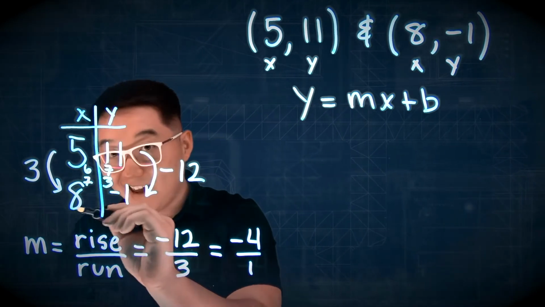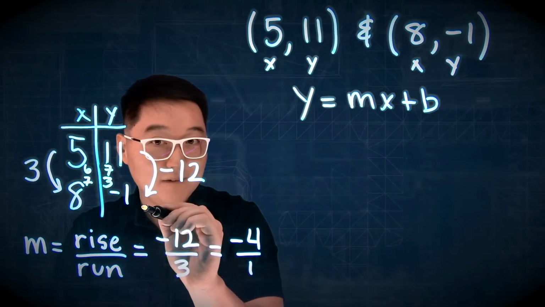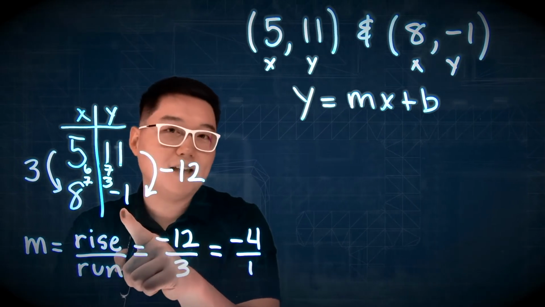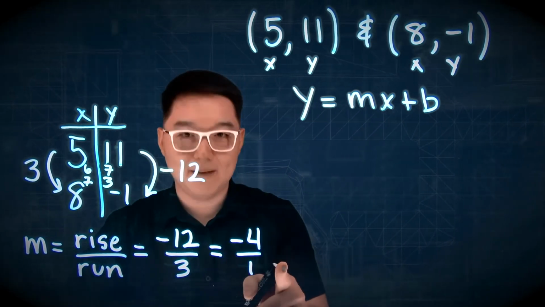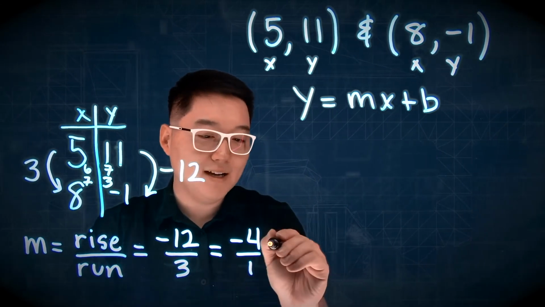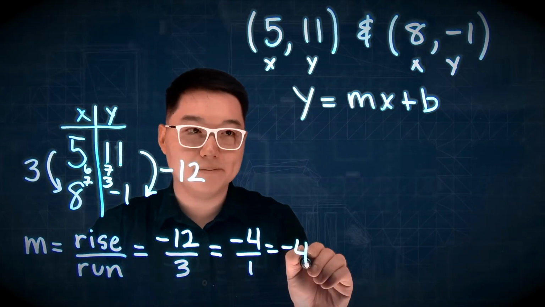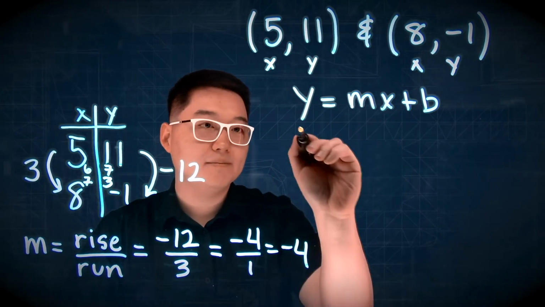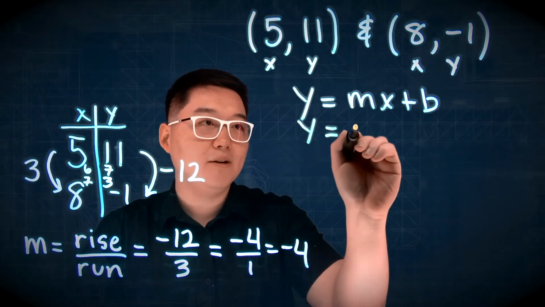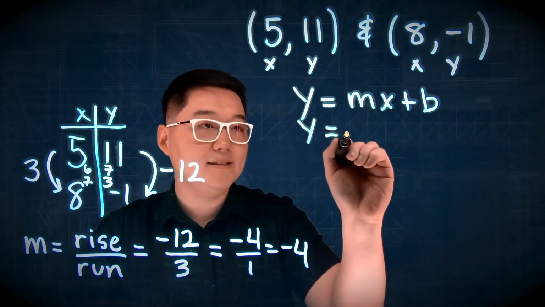Now on day 8, if you drop 4 again from 3, it makes sense that you're at -$1. So the slope of -4 does make sense. -4 over 1 is equivalent to just -4. So let's plug in our m value of -4. So we know that y equals m, this m value is -4.